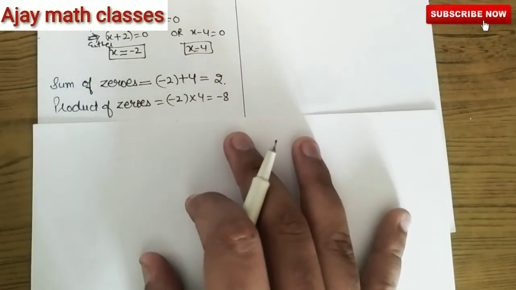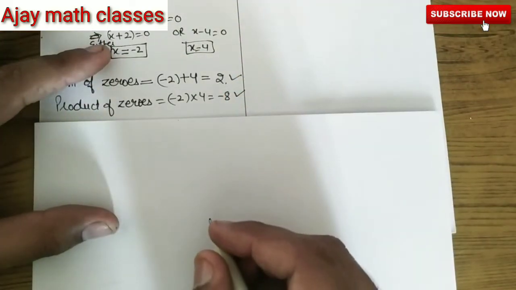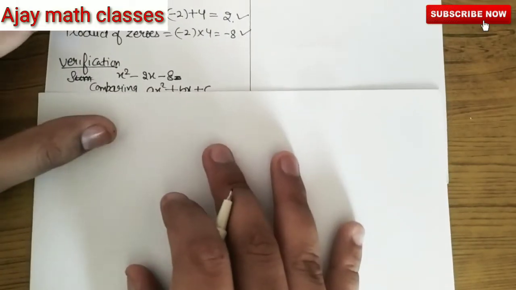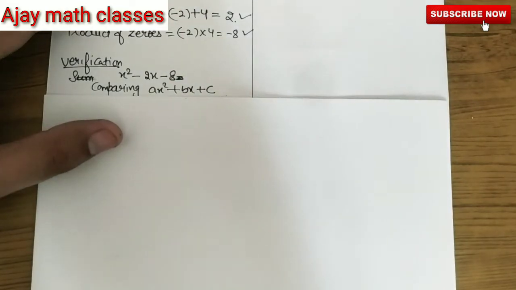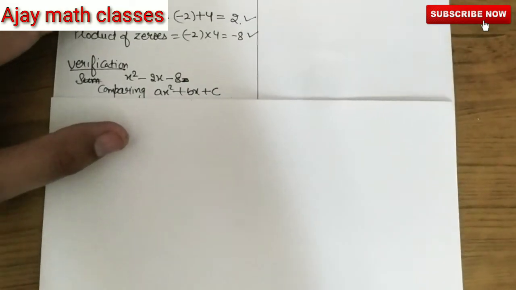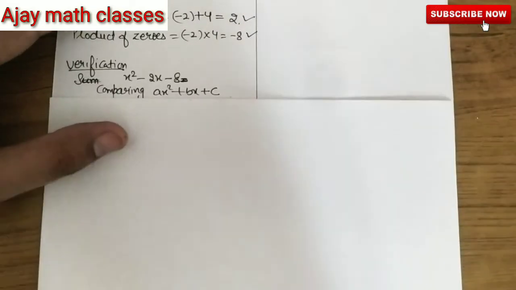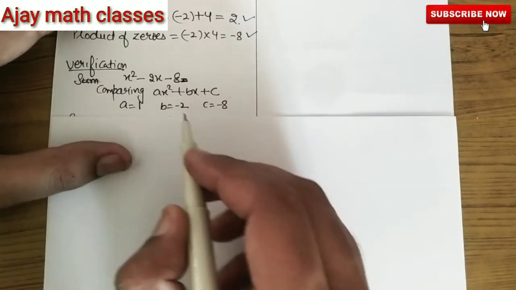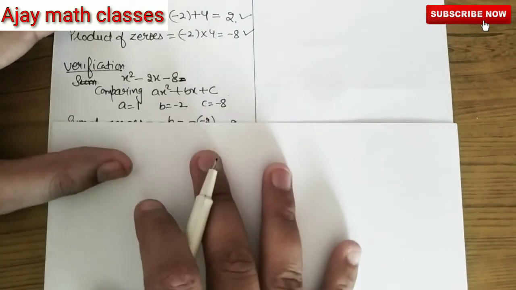Now students, we will verify these answers by the formula that we already know. The polynomial is x square minus 2x minus 8. When you compare with ax square plus bx plus c, a is 1, b is minus 2 and c is minus 8.